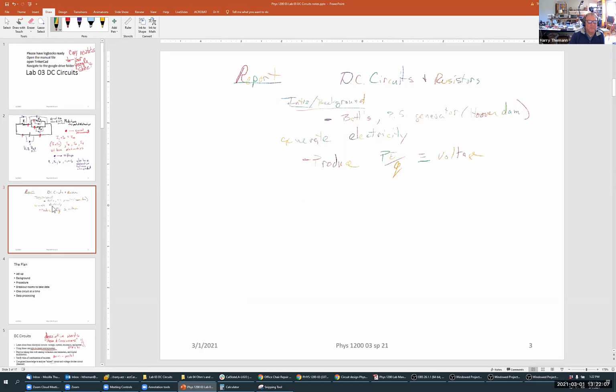And then we use that energy to do useful things like heat, light, whatever. And the things that do the useful things for us can be represented as resistors.